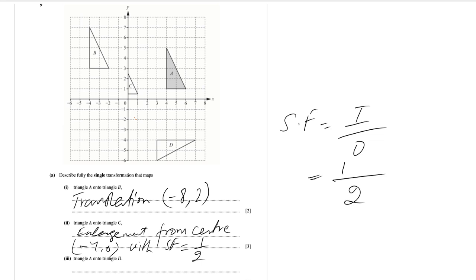Now, sorry, it is A onto D. Let's do the same process with A and D, then this thing and this thing.